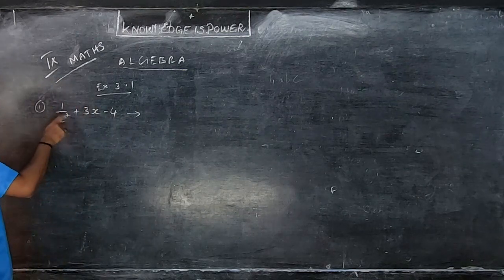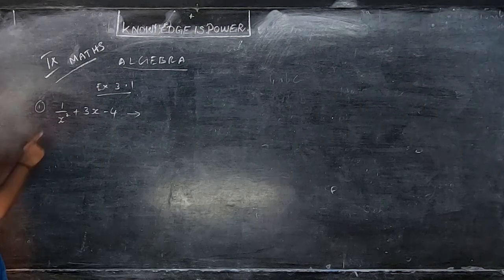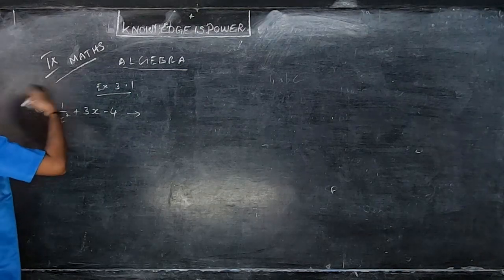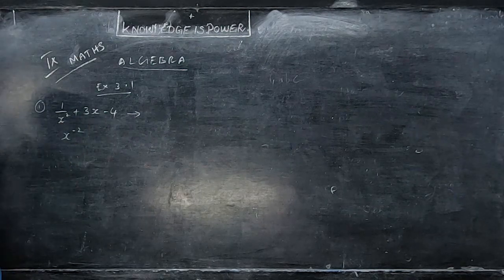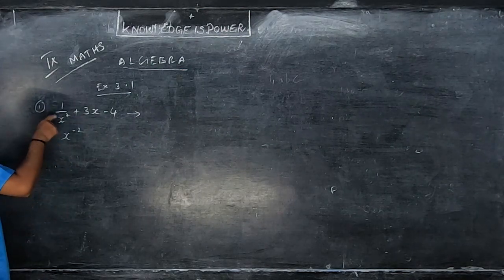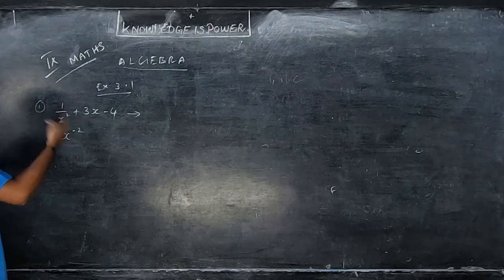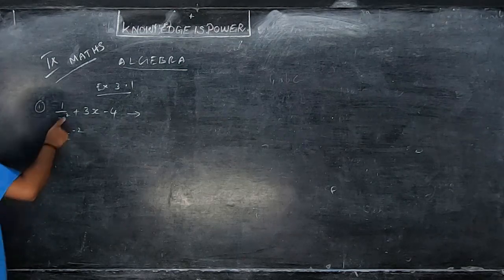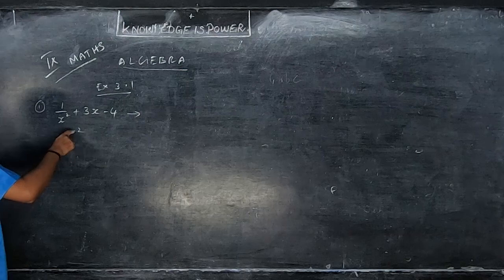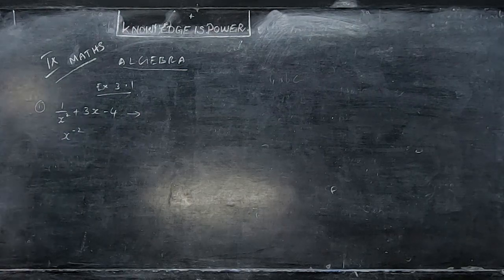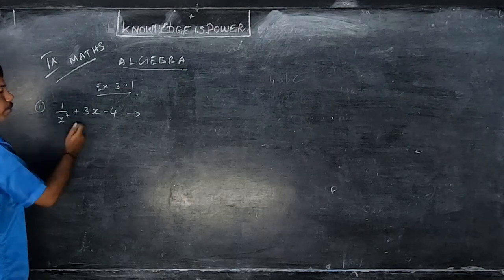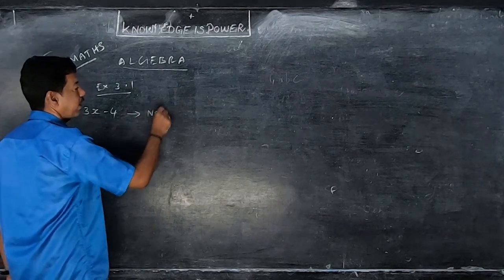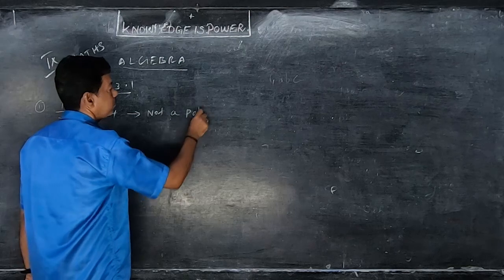Here it is in fraction. If it goes up, it will become x minus 2. So, when it changes from denominator to numerator, it becomes x minus 2. So, what do we have to tell? It is not a polynomial.